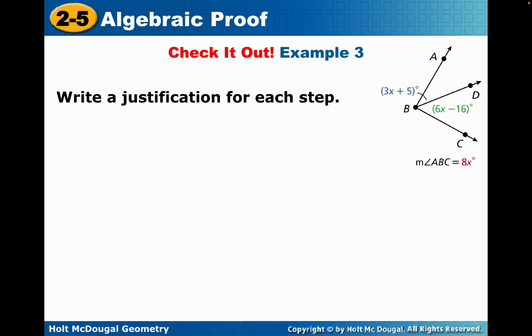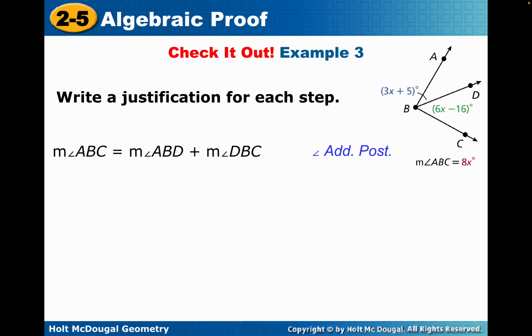It's not segments, but what are we dealing with this time? Angles. So what do you think it's going to be? Angle addition postulate. So that's what we're going to do right there.